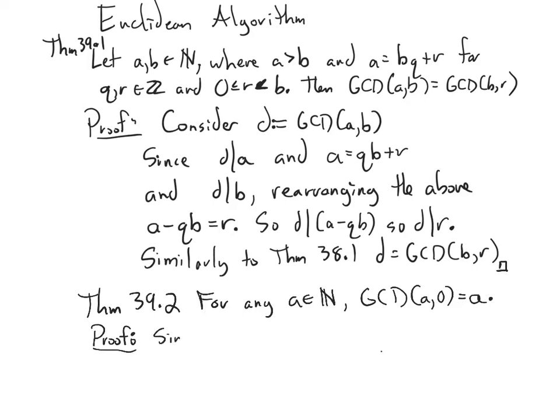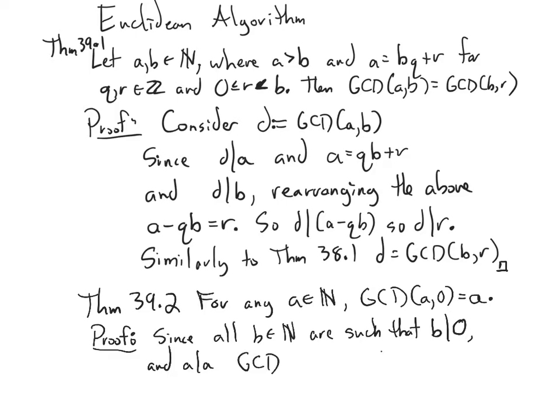So since all the integers b are such that b is a factor of 0, 0 times b equals 0, well, and of course a is a factor of itself, nothing larger than a is a factor of a, well, we know that the greatest common divisor of a and 0 has to be a. a is definitely a factor of a. a is also a factor of 0.